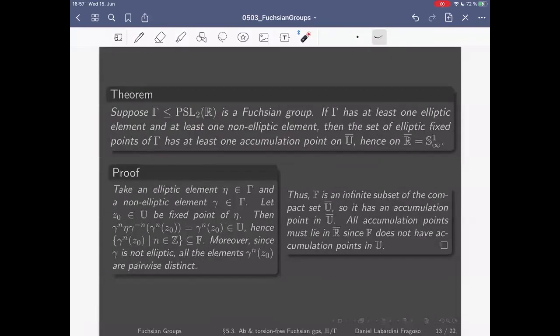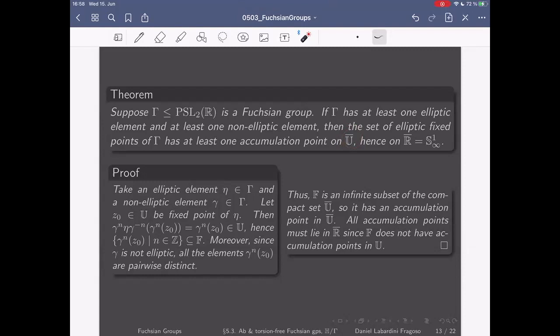So that was that. Okay, and now we look at the next result, which says that if you have a Fuchsian group, and gamma contains at least one elliptic element and one non-elliptic element, then the set of elliptic fixed points has at least one accumulation point on the closure of U, so U bar.